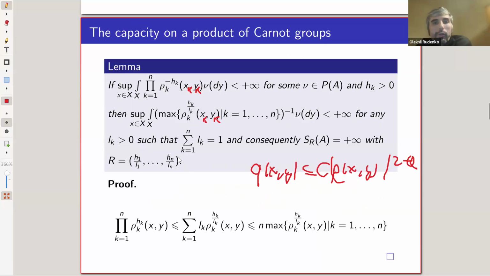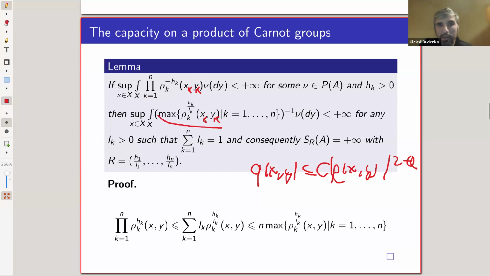And it turns out that we can do it like this. We can use this inequality. Here is just Jensen inequality for logarithm. And the sum of Lk is 1. Yes, so this is Jensen inequality. And because of this, instead of this product, I have the maximum to the power minus 1, the maximum over some RK.